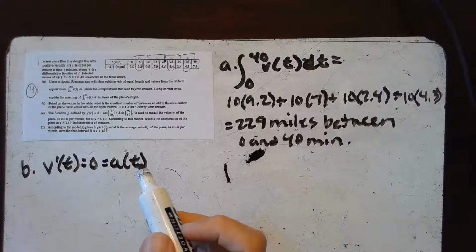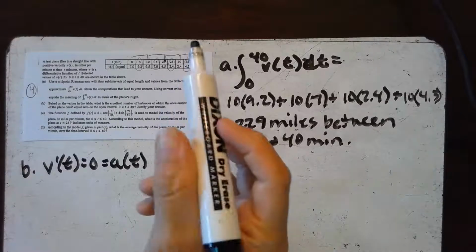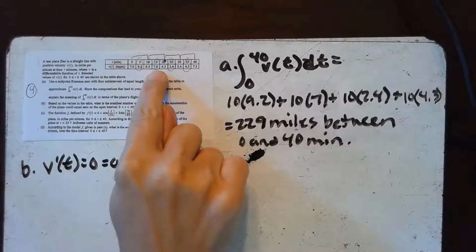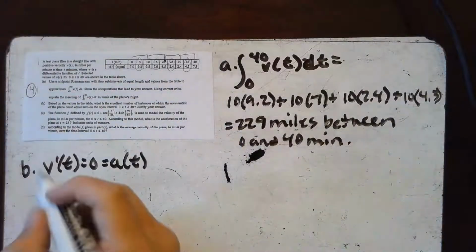So, if we think back to the mean value theorem, is there anywhere where it's equal to one another? And if you notice, look at t equals 0 and t equals 15. Do you see how they're the same?